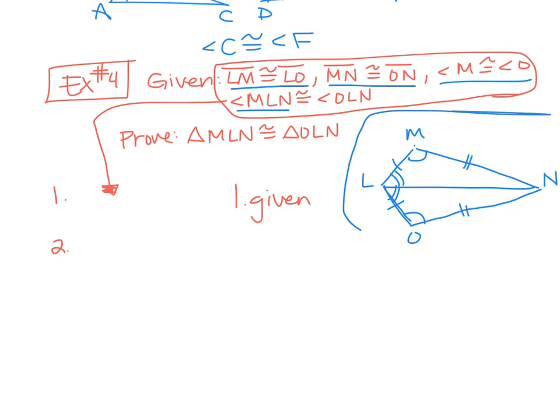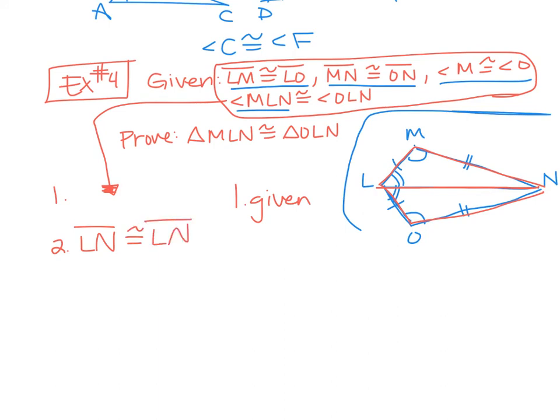So our missing set of, let's start with sides. The third side on the top triangle is what segment? Which side don't we have marked congruent to another side? LN, right? This side here is the third side on the top triangle, but it's also the third side on the bottom triangle. So we're basically saying right now that LN is congruent to LN.